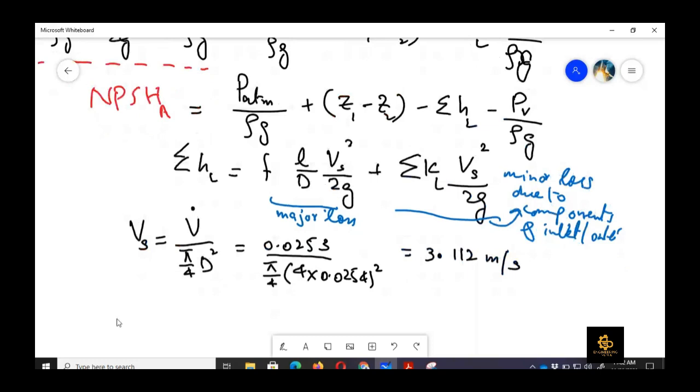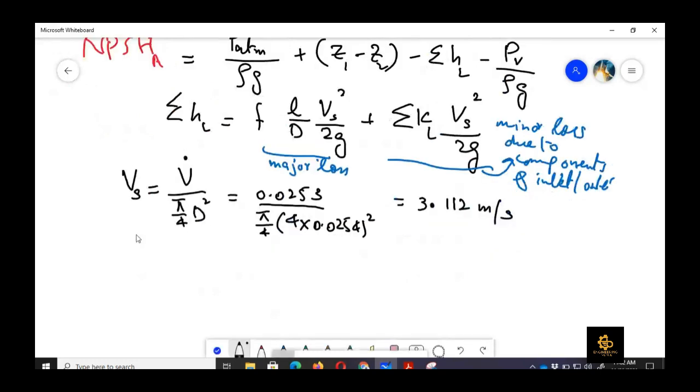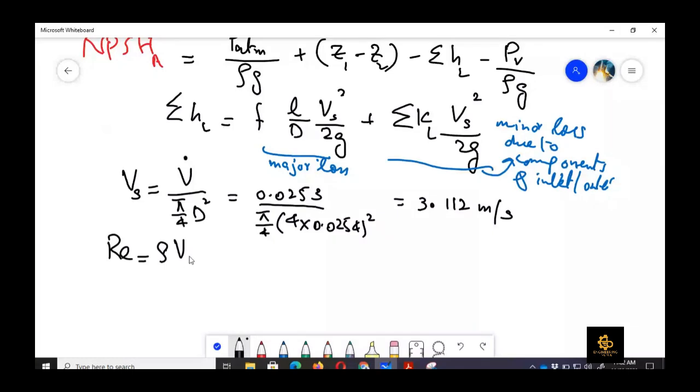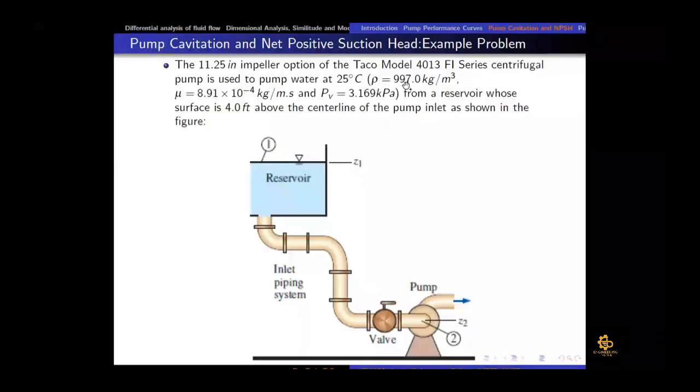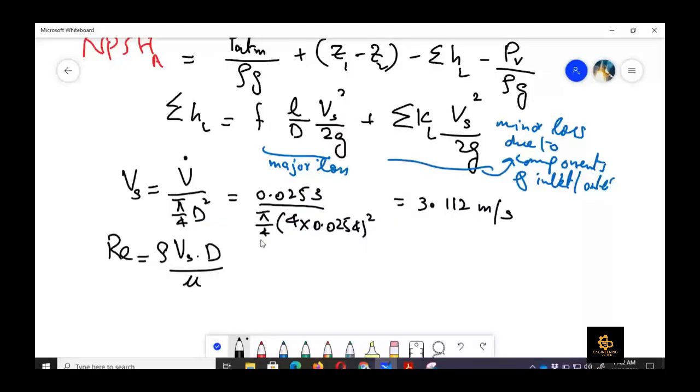Reynolds number is equal to rho Vs into diameter divided by mu. Rho and mu values are given in the data. Here, rho value is 997, mu value is also given, and Vs we have calculated. Diameter we know is 4 into 0.0254. So if we put in the values, it comes out to be 3.538 into 10 to the power 5.